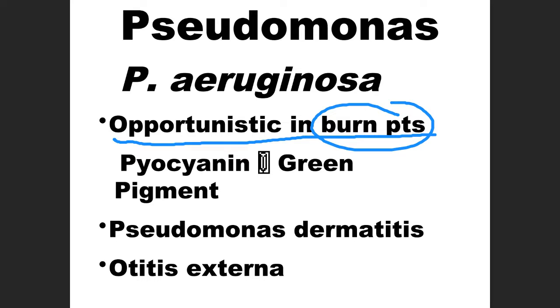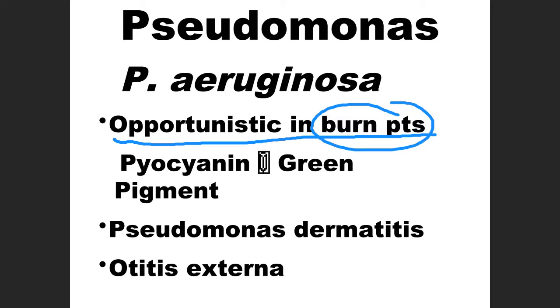As far as burn patients are concerned, this is the number one infection they would have to worry about, because the bacteria is already in most hospitals. And if there's a way to easily transmit the bacteria from staff to patient or between patients, this can cause a very serious infection in those burns.